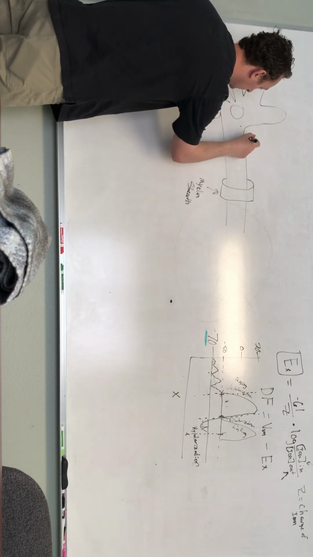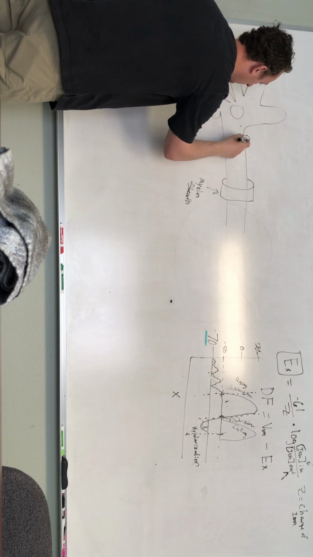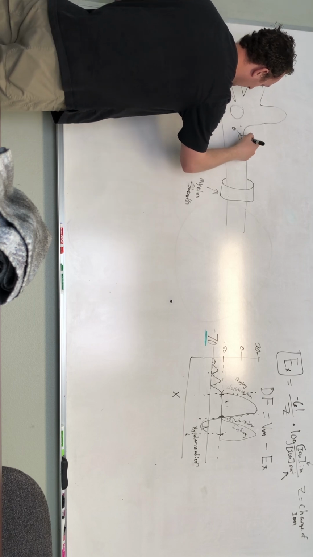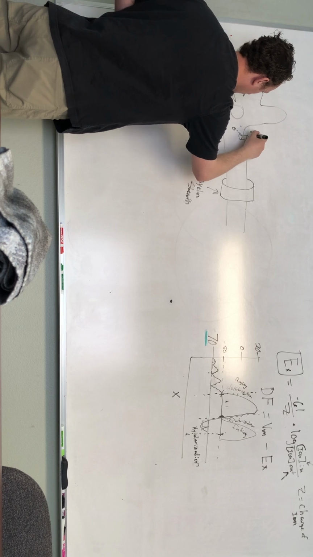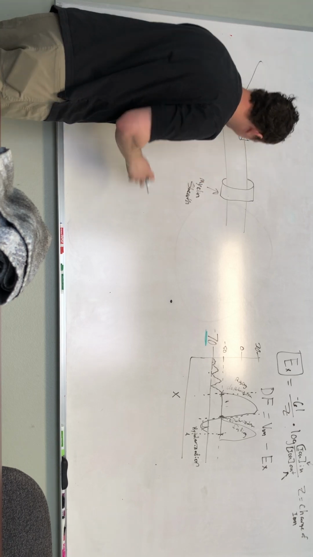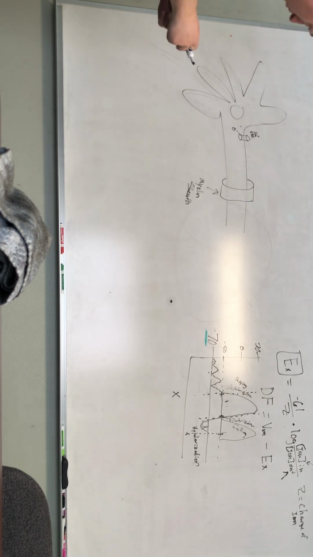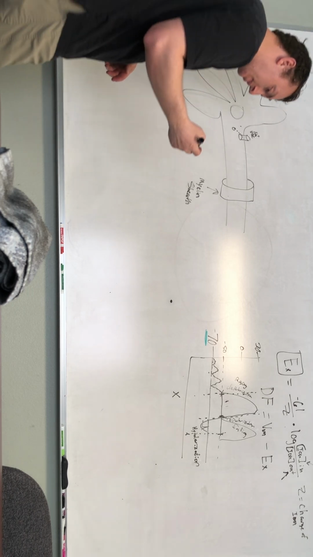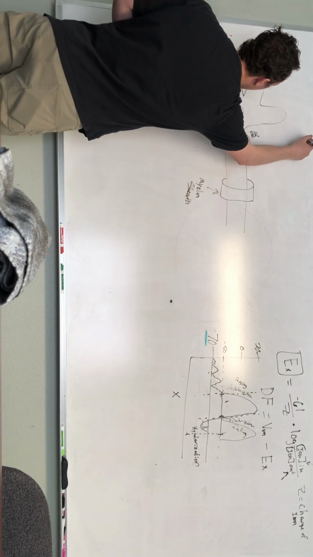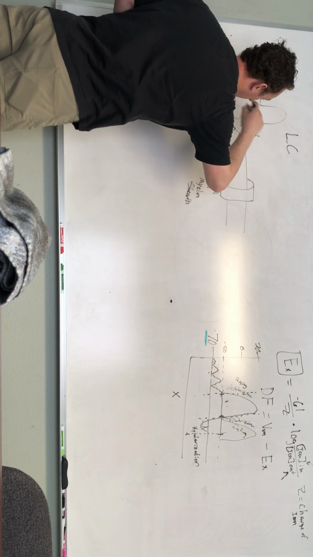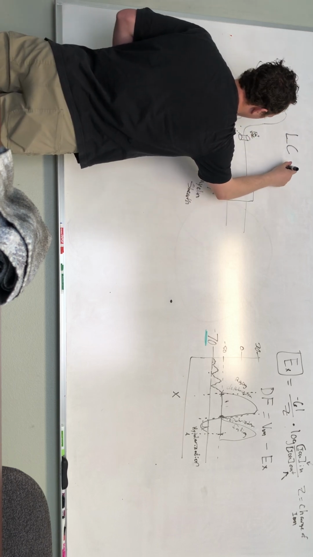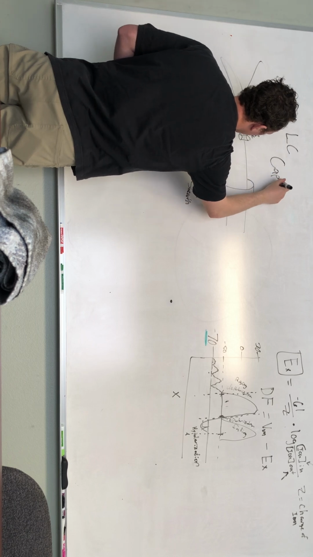And then this is going to be our sodium voltage gated channel, right? Now, a couple things we want to talk about. First one that's important is going to be length constant. And then the second one is going to be our capacitance.